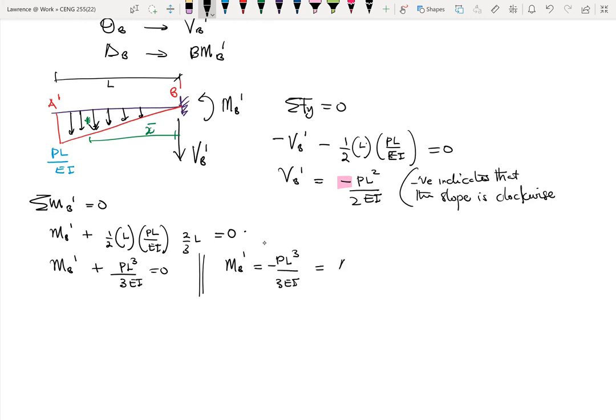And this is the same as the delta at B. Everything here is the same as the delta at B. All right. So this is an example of the conjugate beam method.